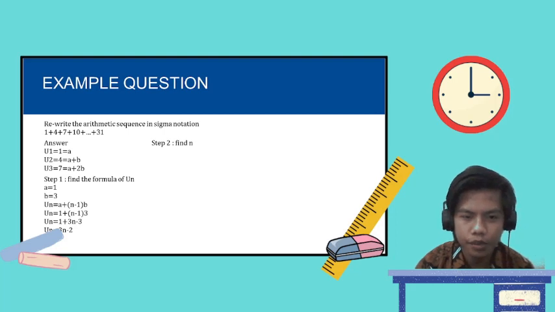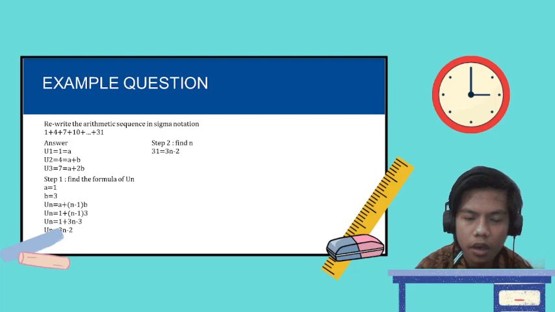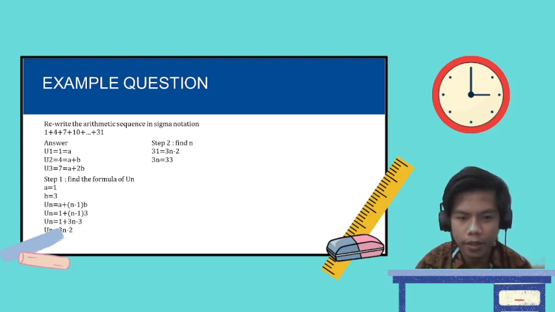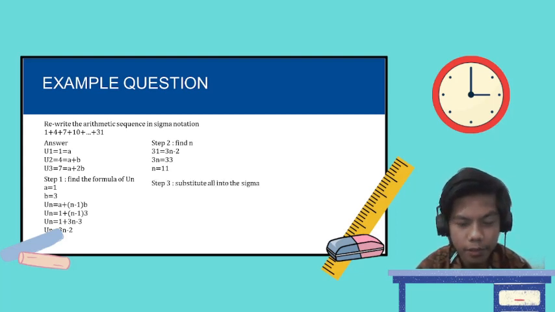And step 2. We must find n, with n being the last number. So the last term is 31, and 31 is equal to 3n minus 2. And so we have 3n is equal to 33, and n is equal to 11. And so step 3.